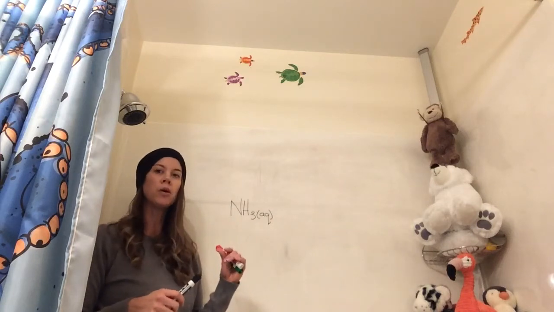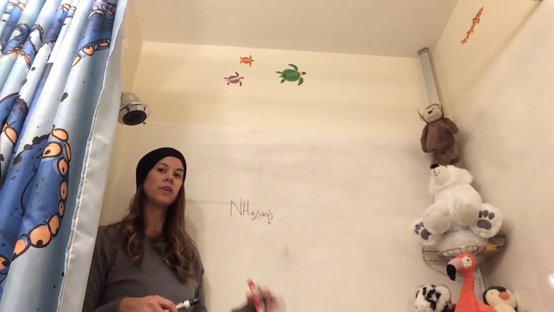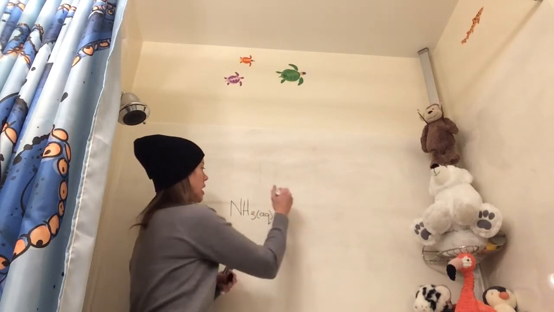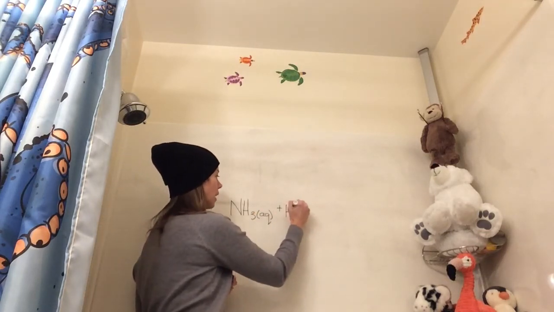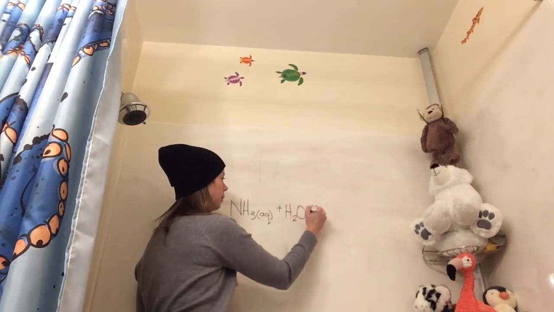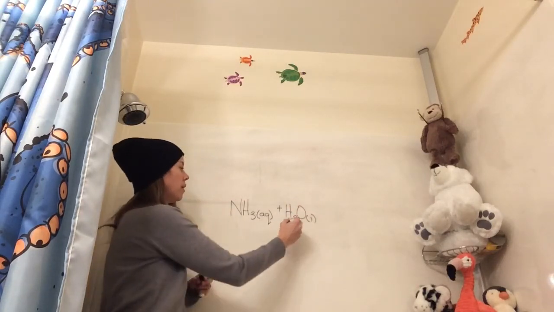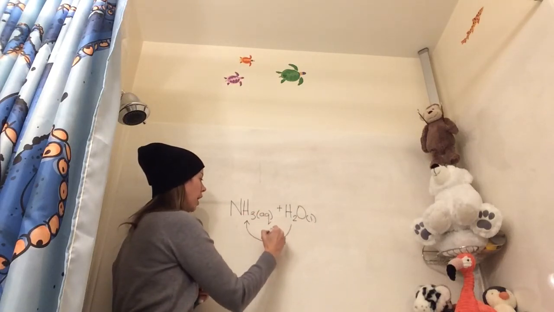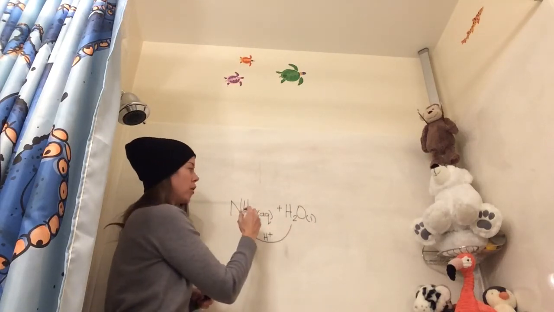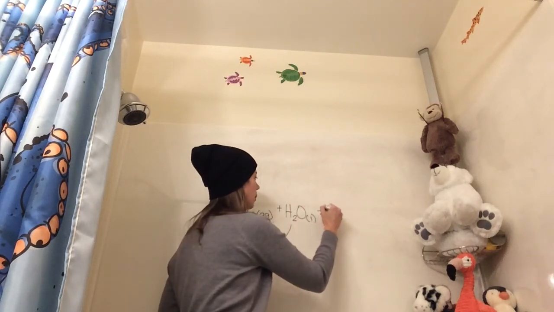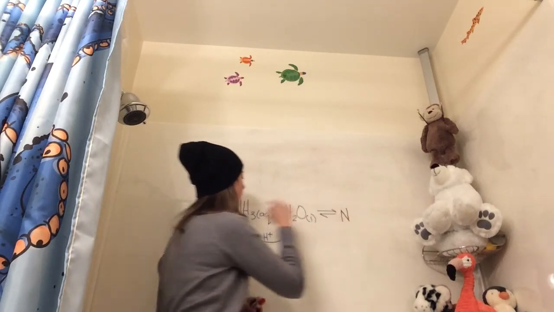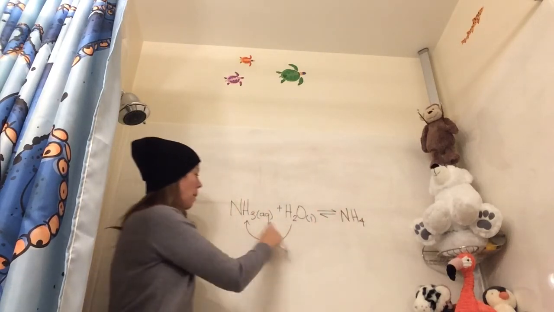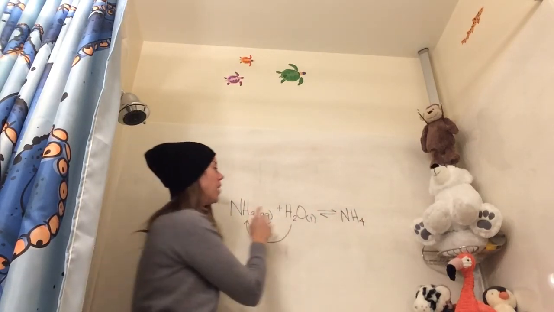Okay, our next example was if we took ammonia gas and we bubbled it into water, we would get NH3 aqueous. Now, if NH3 or ammonia is going to react with water, what happens here is the water molecule donates a hydrogen ion to ammonia, and you guys could probably see here that NH3 becomes NH4 positive because it's been given a hydrogen proton.